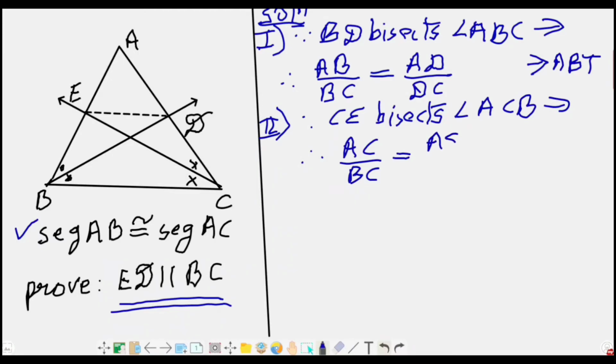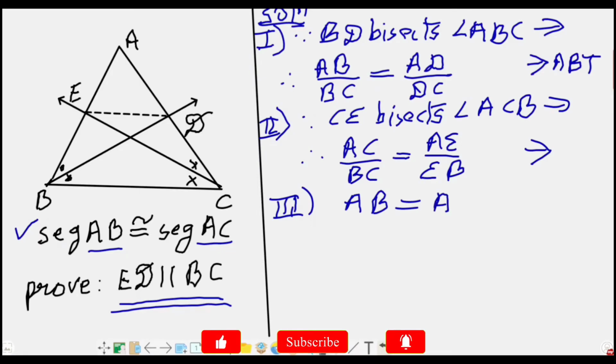They are AE and EB. According to which theorem, students? Angle bisector theorem. Now, apart from this, it is given that side AB is equal to AC. So you can write AB is equal to AC. That is also given.